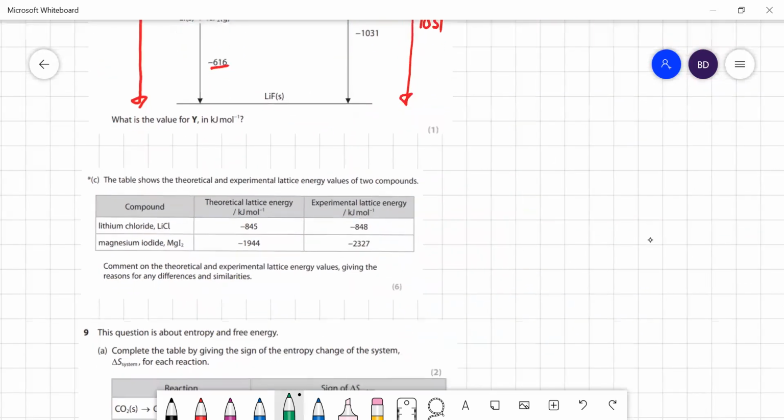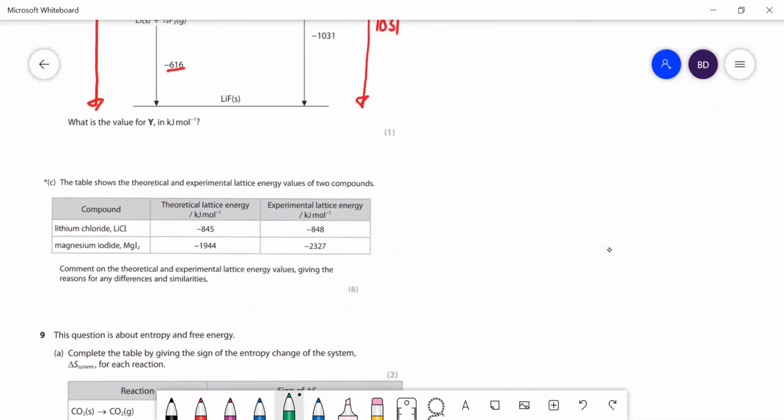Now we're talking about the difference between theoretical and experimental lattice energies. Comment on the differences between them, giving reasons for any similarities. Well, the experimental is obviously the true value.